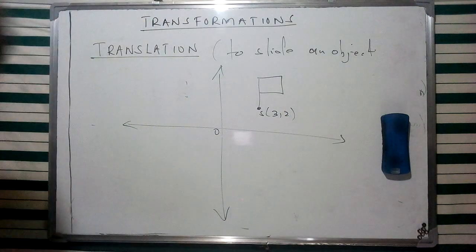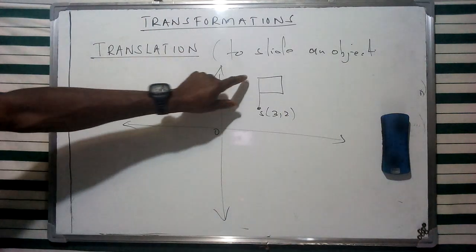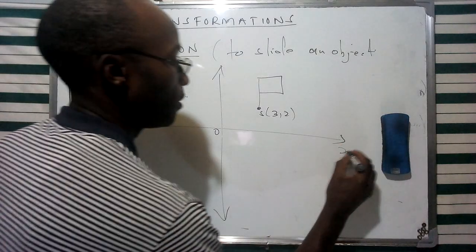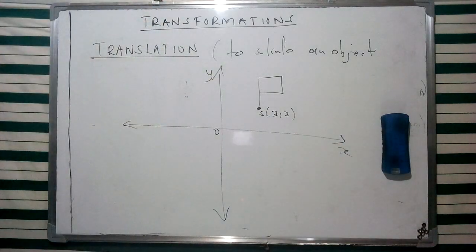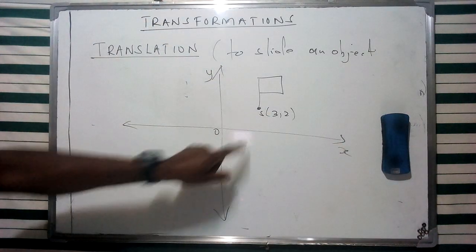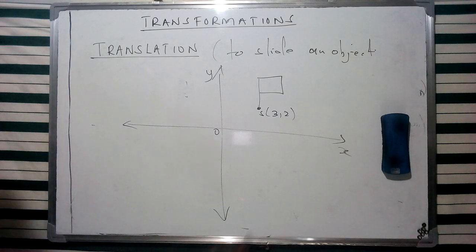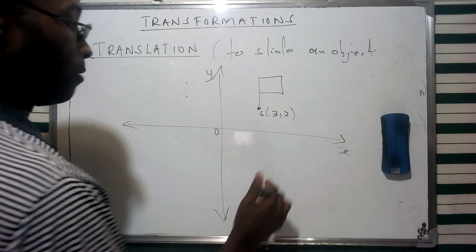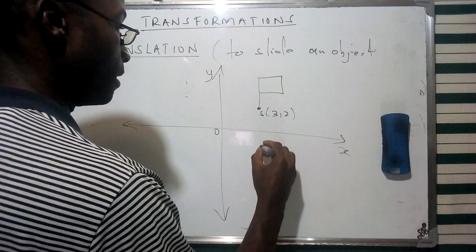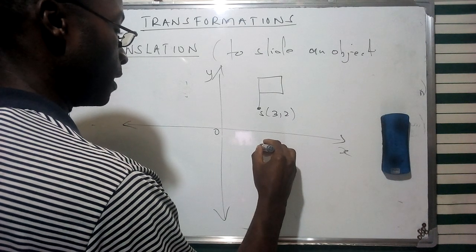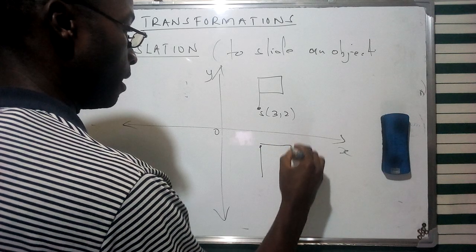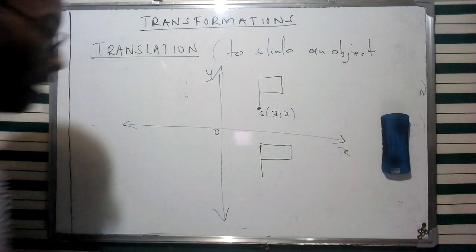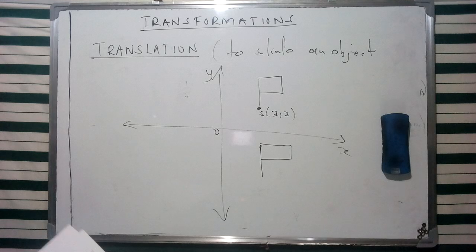For us to translate this particular image down, we're going to subtract from the y coordinate. The movement up or down along the coordinate system is going to affect the y coordinate, and that is going to be a subtraction from the y coordinate of those specific points.